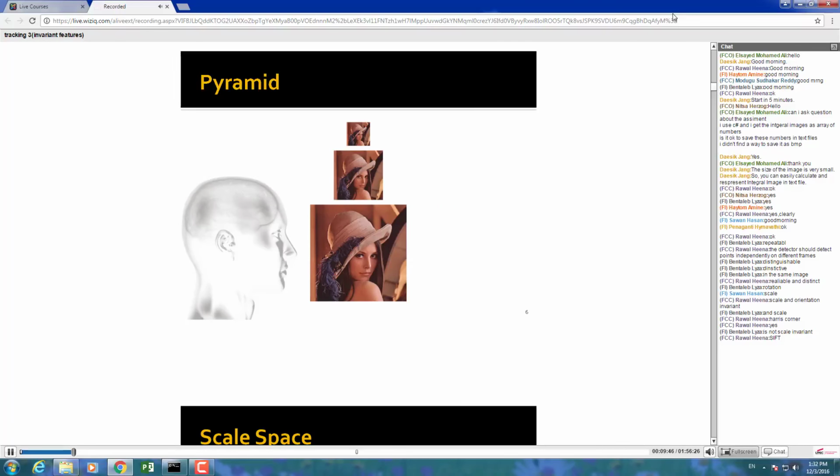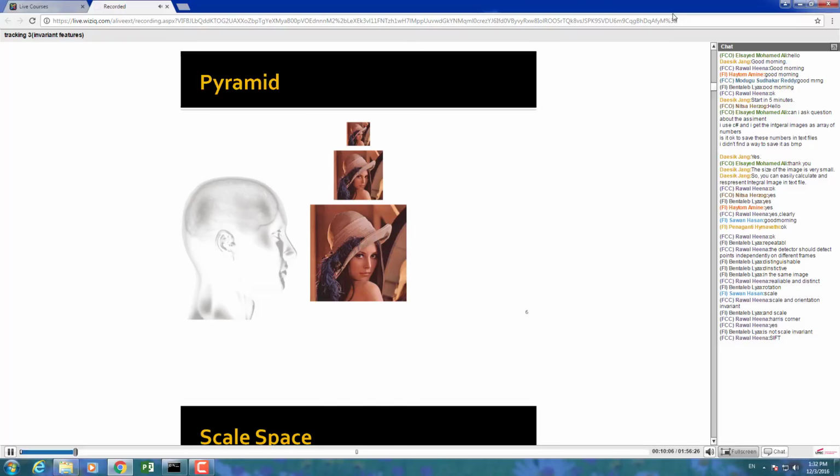First of all, SIFT is based on the pyramid image concept. This concept of pyramid has been used for many algorithms, not just SIFT. In many different types of algorithms, they use this kind of structure.